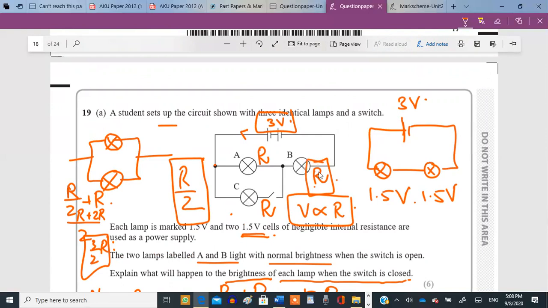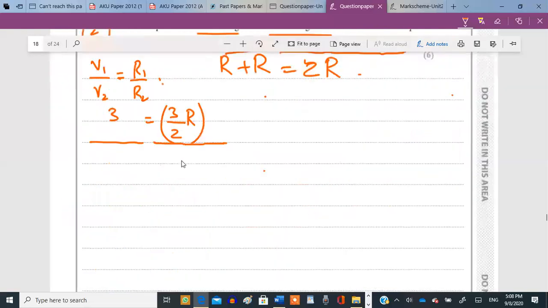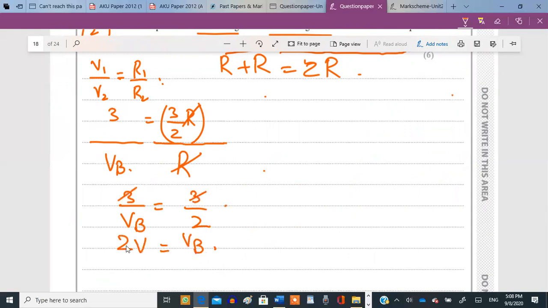So the resistance of B is R and the voltage across B needs to be calculated. The R and R will cancel out. So this becomes 3 upon voltage across B is equal to 3 upon 2. 3 and 3 will also cancel out and voltage across B will become 2 volts. Clear?